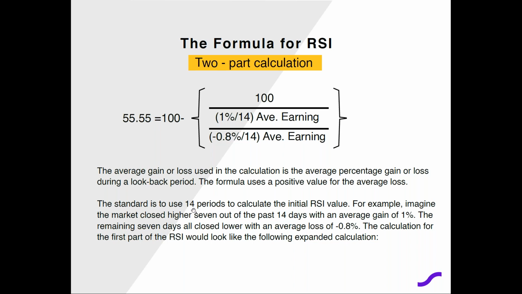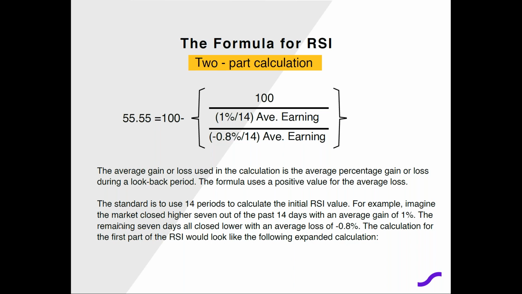This is the standard when you open your chart, you will see that it is always at 14 periods. Remember, if you're using an hour chart, you're looking at those 14 hours. Some of them will be closing higher, some of them lower, and taking that average will give you an RSI value.